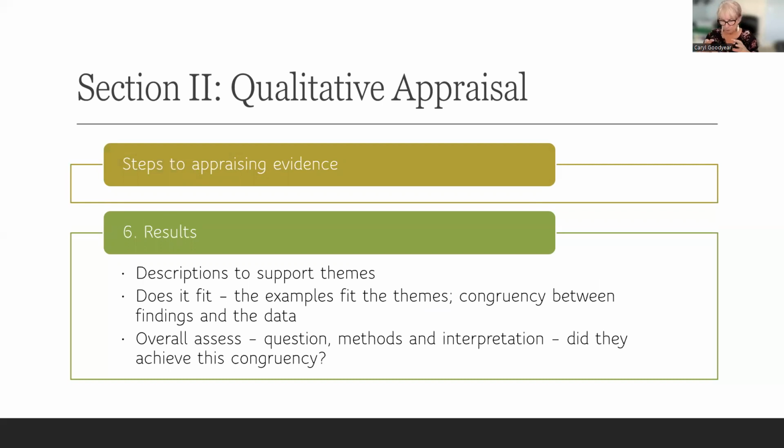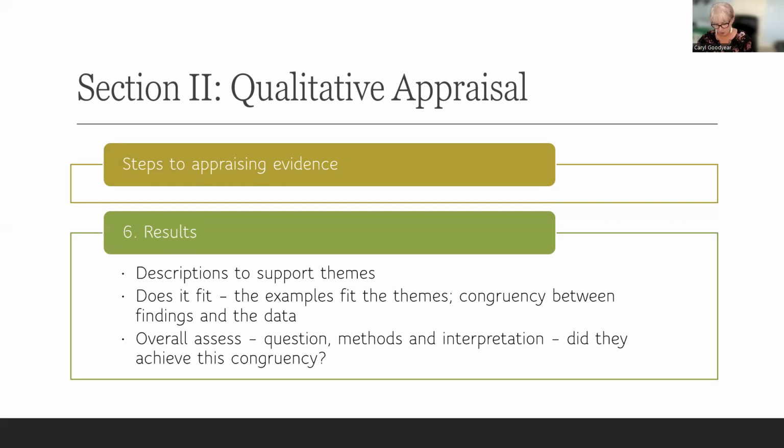They will present a theme, and then generally they will present very specific words that came out of participants' mouths to back up what their theme is all about. So it is supporting the fit of the data into the themes, and that's a congruency.